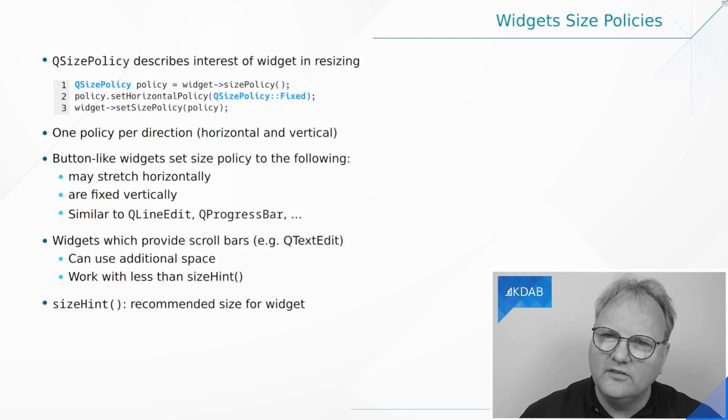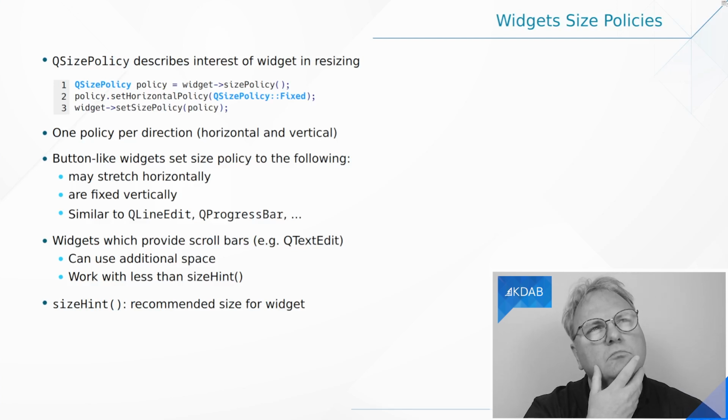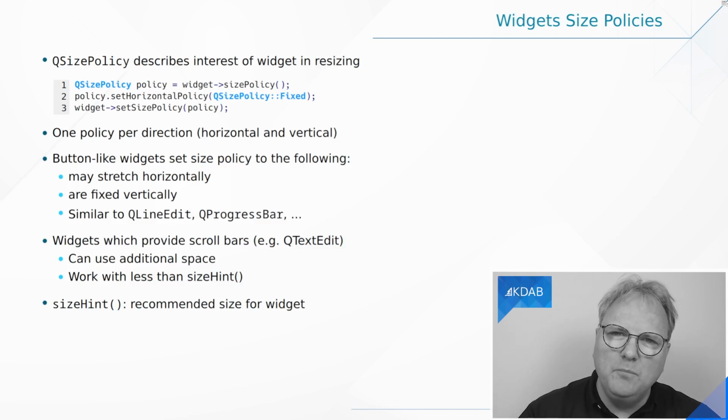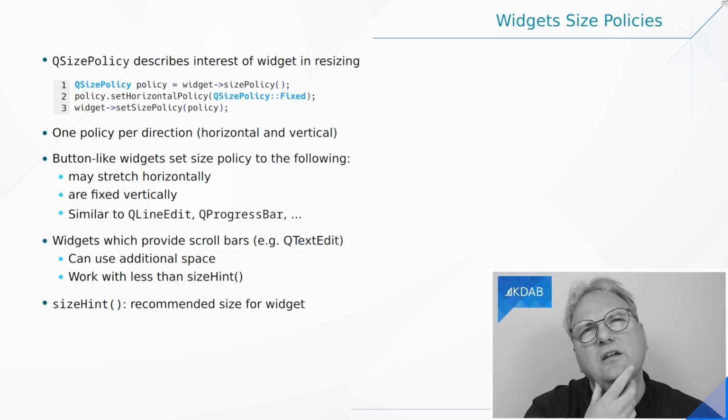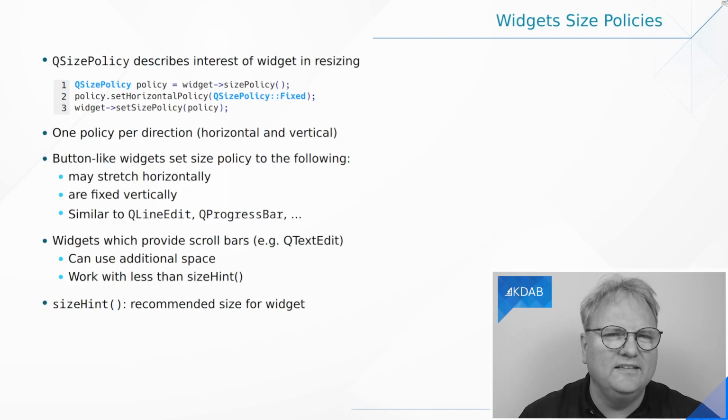It's something that the person who implemented that widget, like my compass widget again, would be sitting there and saying, horizontally, vertically, yeah, you can make me bigger, that's perfectly fine. You can make me smaller than the sizeHint.